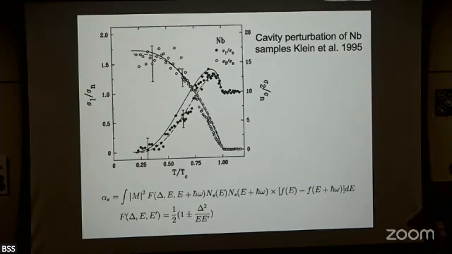So if I solve the Mattis-Bardeen equations for an S-wave superconductor, as the gap opens up, I get a gap-like feature in the real part of the conductivity that's getting larger and larger, and then I get a very non-trivial absorptive feature at low frequencies that gains intensity as I make thermally excited quasiparticles, and then I freeze them out.